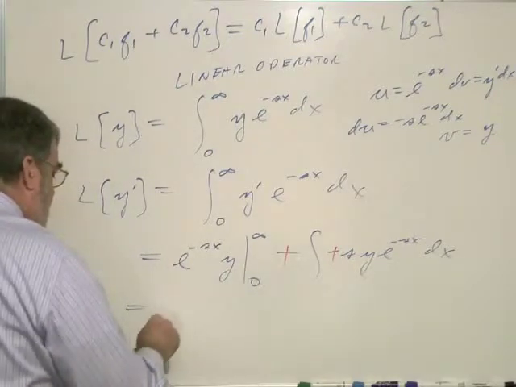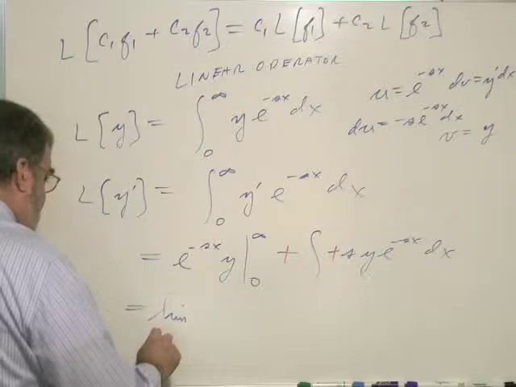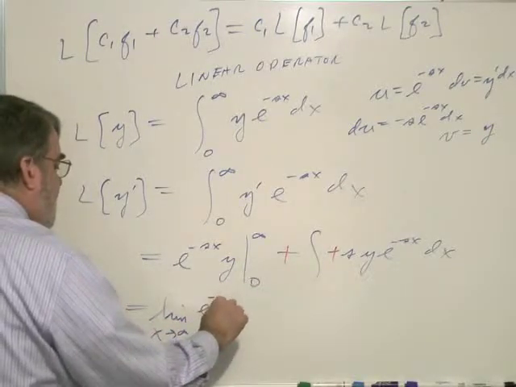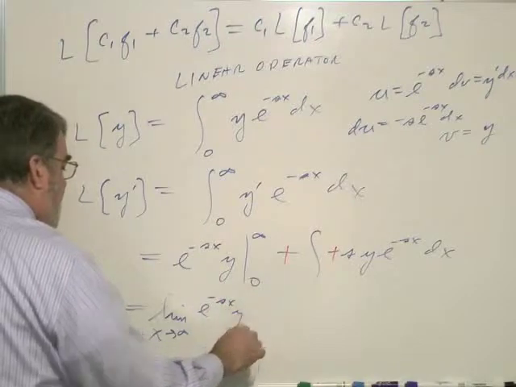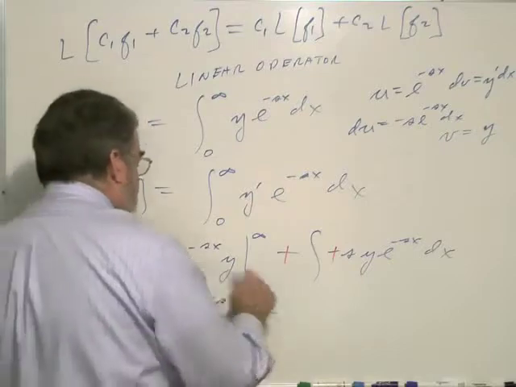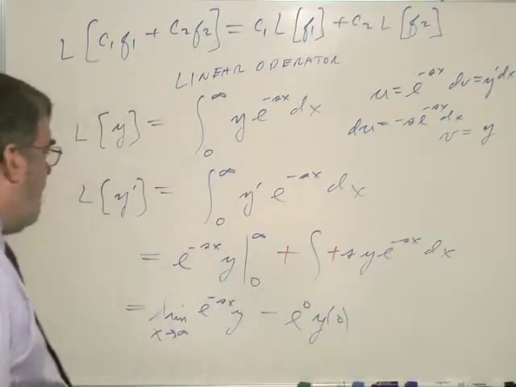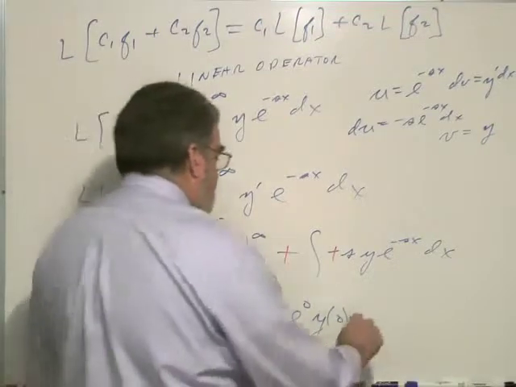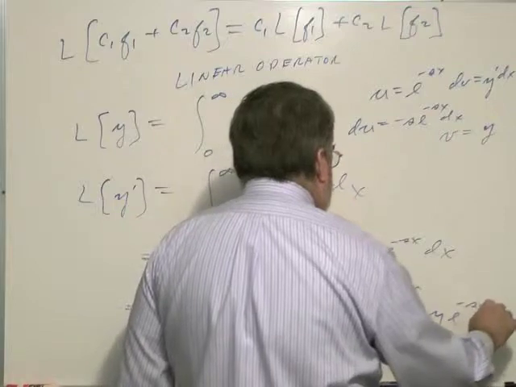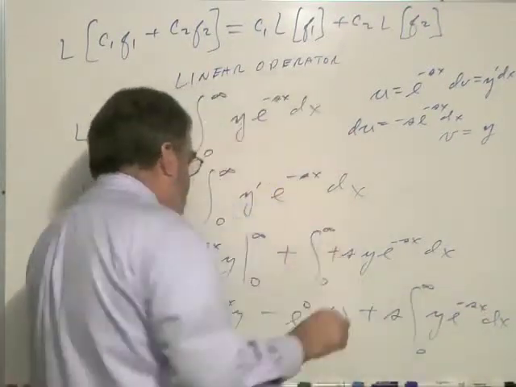This would be the limit as x goes to infinity of e to the minus sx times y, minus, and I'll plug 0 in. When I plug in 0, I get e to the 0 times y at 0. And then on the right side, I have plus s times the integral of y e to the minus sx dx, and again, that's going from 0 to infinity.